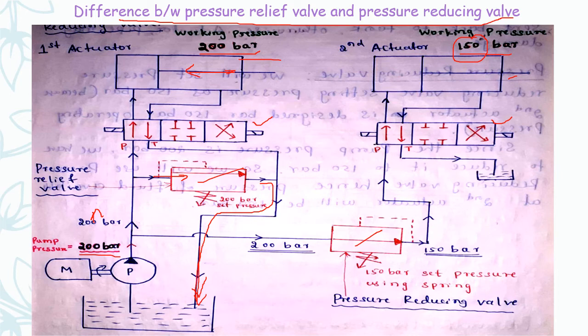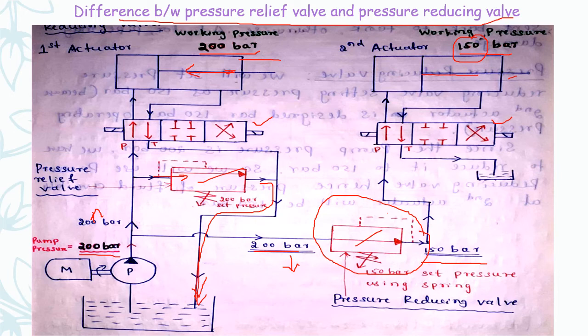But since the pump pressure is 200 bars, we have to reduce the pressure to 150 bars in order to operate the second actuator. In order to reduce the pressure from 200 bars to 150 bars, a pressure reducing valve is used. So this is the difference between a pressure relief valve and a pressure reducing valve.